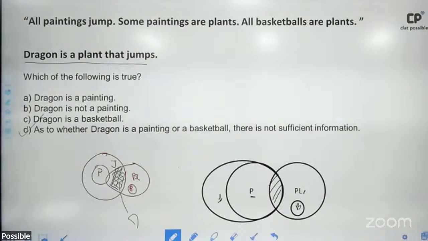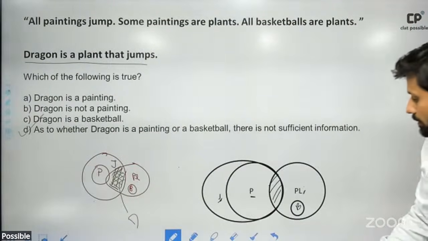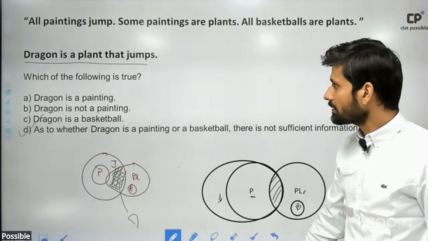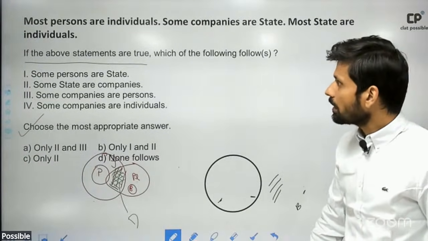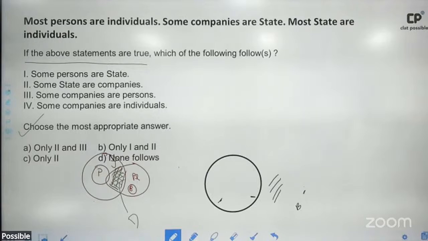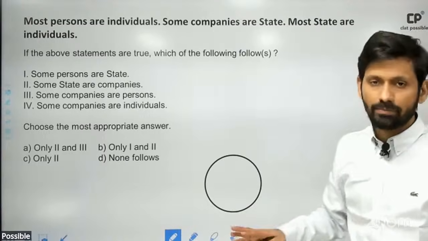All right, so let's move on. Okay, this was a controversial one, but many that we are solving today won't be controversial. The answers are given correctly by the AILET.